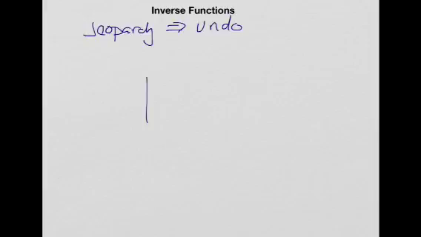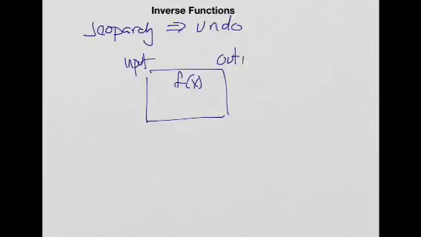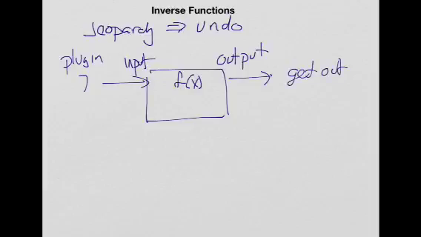So if we look at our function box, it has an input. Here's my function f of x, and here's my output. And I plug in some number, and I get out my answer, say 20.